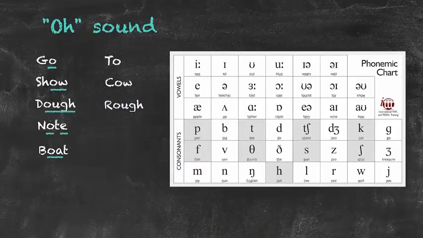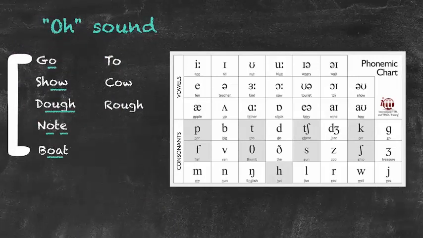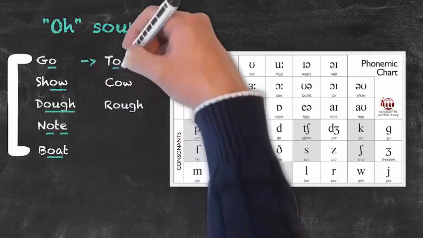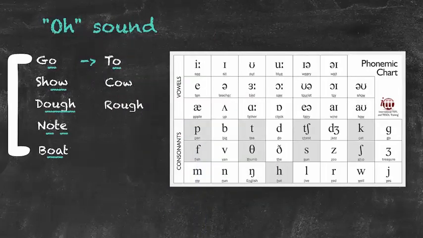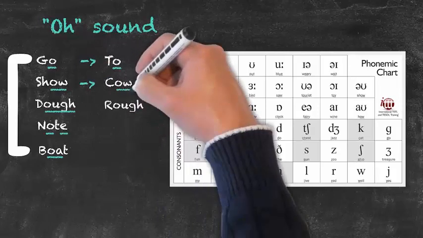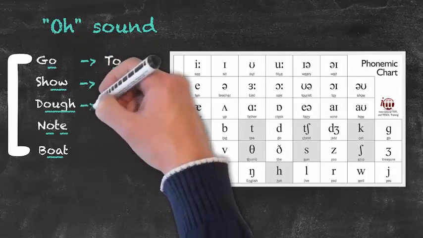So the student has gone from knowing that these letters put together in these patterns will produce an O sound, and now they're confused by the fact that the same pattern can produce a different vowel sound here, a different vowel sound here, and a different vowel sound here.